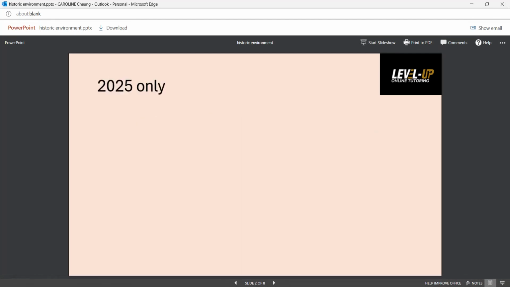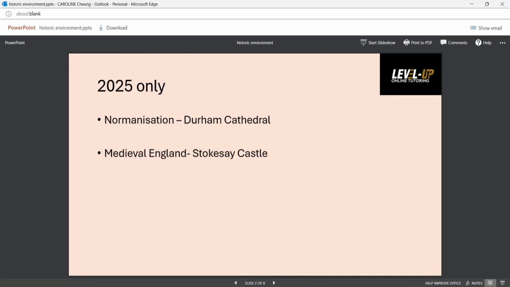So these are the sites if you're doing the exam in 2025. Every year the exam board will release new sites. So for 2025, if you're doing the Normanisation topic, so the Anglo-Saxons, the Normans, you're going to be doing Durham Cathedral. If you're doing medieval England, Edward I, you're going to do Stokesay Castle.